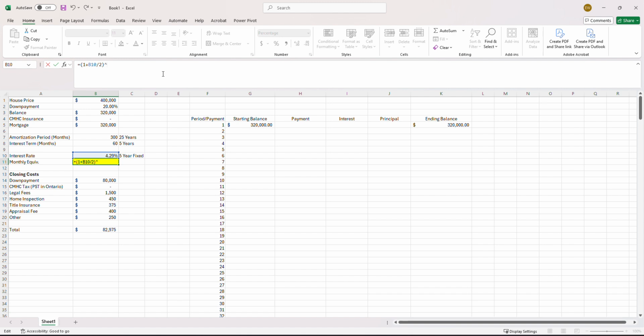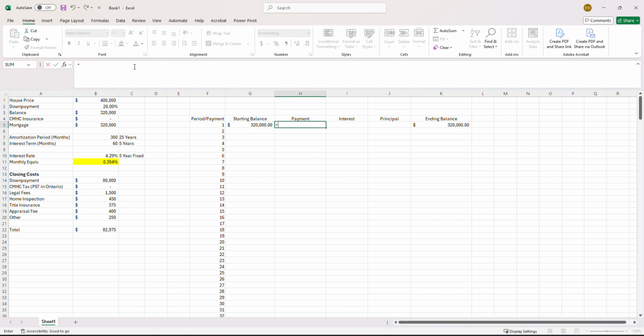And then to convert it to a monthly rate, you just go to the power of 1/6. The reason you're doing 1/6 is because in a 6-month period, there are 6 months, and you're looking for just 1 out of those 6 months. So your monthly effective rate is actually 0.354%.